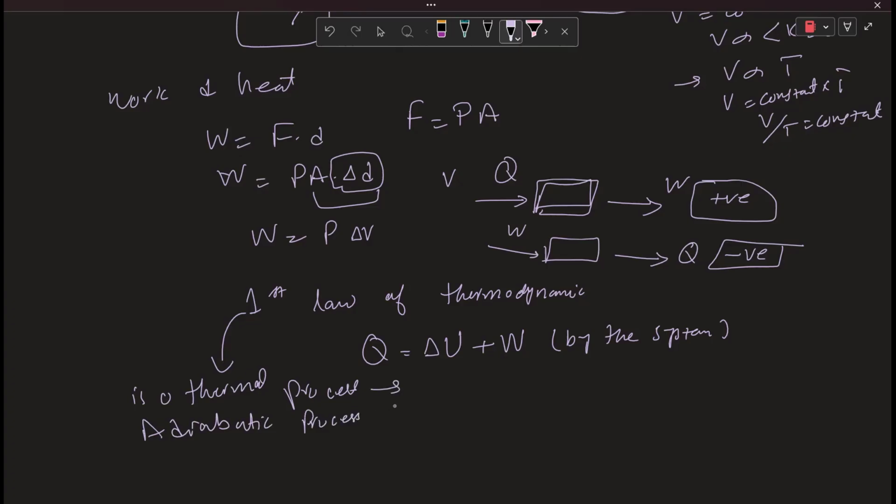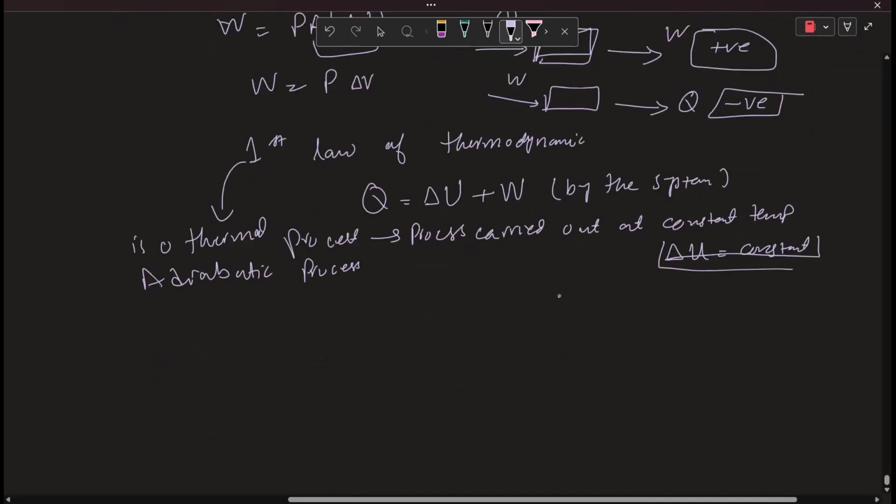How is the isothermal process defined? It is a process carried out at constant temperature. So if the temperature is constant, that means the internal energy of the system is constant. So U would also be constant because we know that temperature and energy are directly proportional to each other.